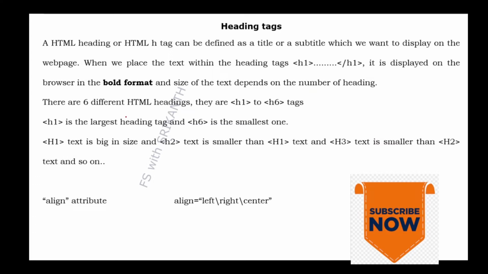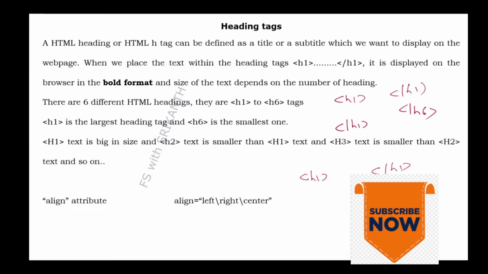One of the most important concepts, as per academics and in real time also, in the majority of cases we use heading tags. In total there are 6 types of heading tags, H1 to H6, and these are all paired tags. Definitely you should write closing brackets, right? H1 content is printed in bold characters.